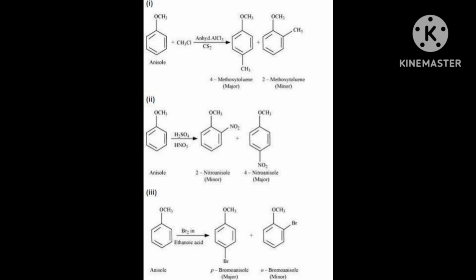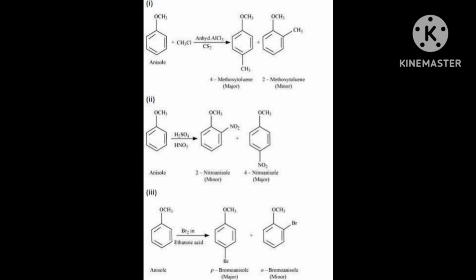Now see halogenation. This was the general case I told you; now the particular reaction of halogenation you can see. Phenyl alkyl ethers undergo usual halogenation in the benzene ring, that is, anisole. When one side a phenyl group is there and the other side a methyl group, that is called anisole.